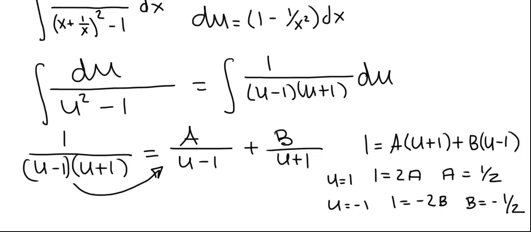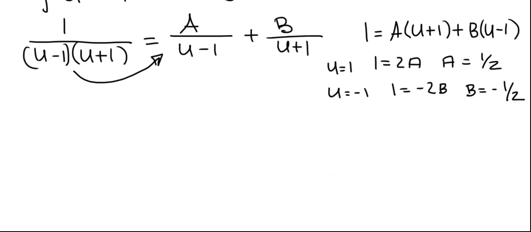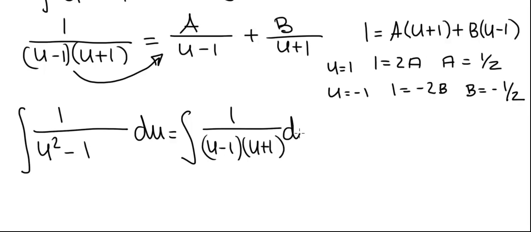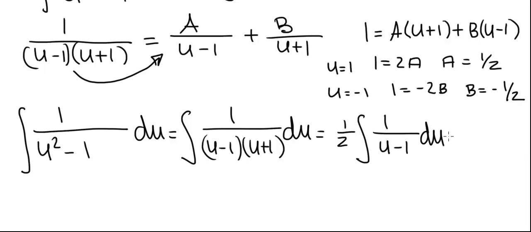And so the integral that we have left, the integral of 1 divided by u squared minus 1 du, which we write as 1 divided by u minus 1 times u plus 1 du, is now equal to a, which is 1 half, times the integral of 1 over u minus 1 du, plus b, since b is negative, that's minus 1 half, integral of 1 over u plus 1 du.